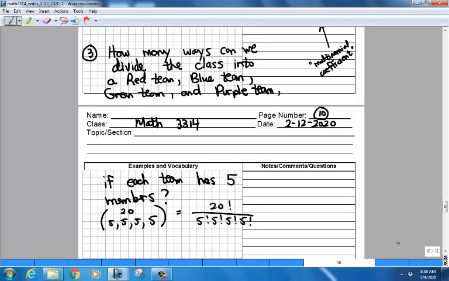By the miracle of arithmetic, this is guaranteed to reduce to an integer. At first you're thinking, wow, there's no reason why that should be a whole number. Lots of factors in the numerator, lots of factors in the denominator, but it turns out they all cancel, and you will end up guaranteed to have an integer. Makes sense, because the answer to this question has to be an integer. Indeed, that multinomial coefficient will always be an integer.